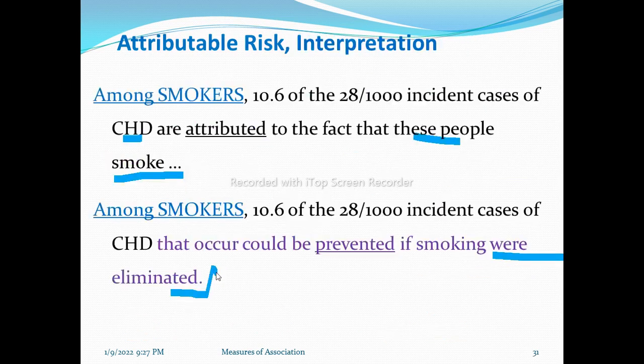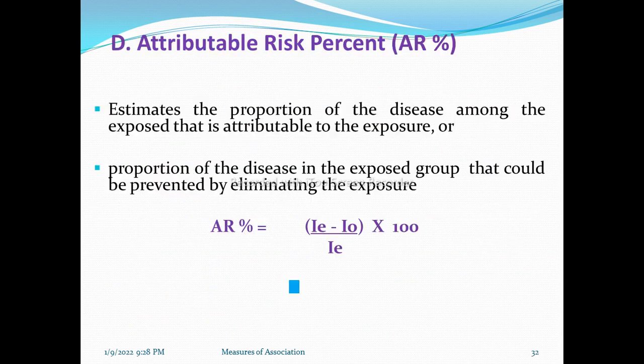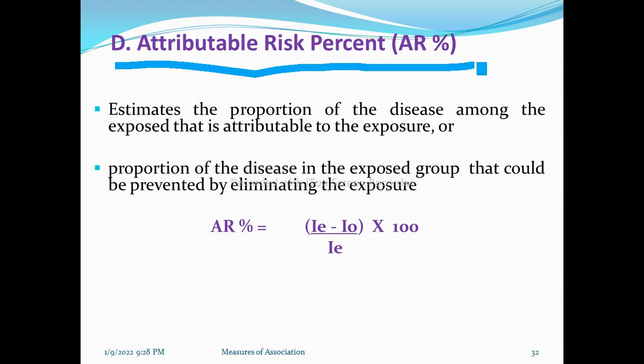This is a very important concept. This is all about the attributable risk. Now we are starting attributable risk percent. Attributable risk percent is the fourth parameter.